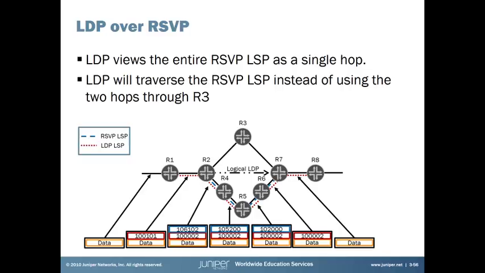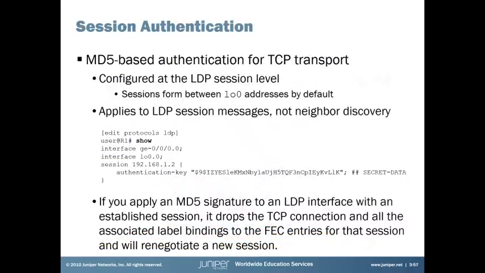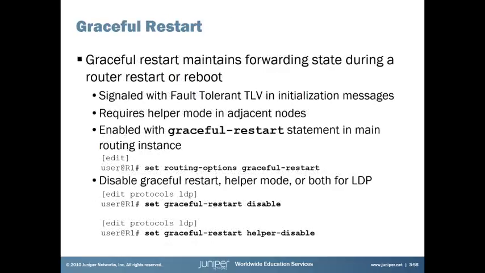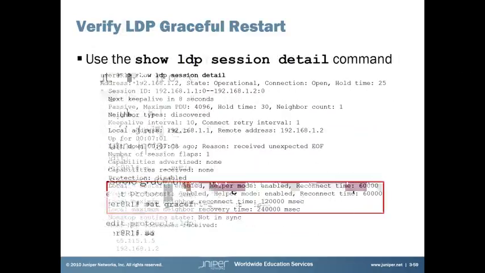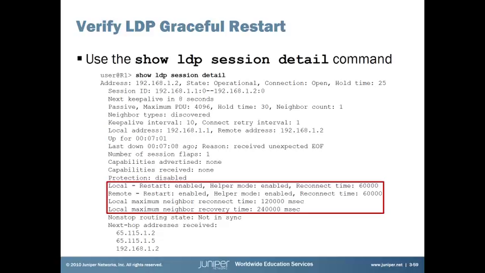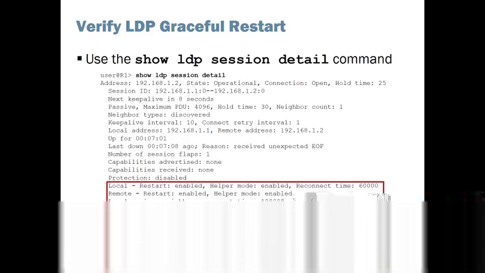So you can run both protocols over each other and set up an LDP single path over an RSVP single path, and you can use authentication on this as well. Use graceful restart, and it's verifying the LDP session there.